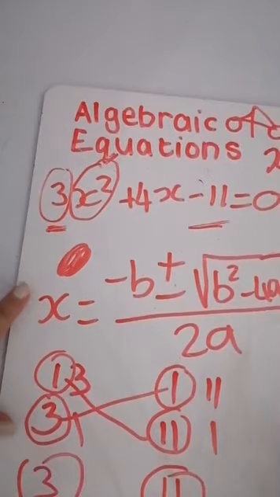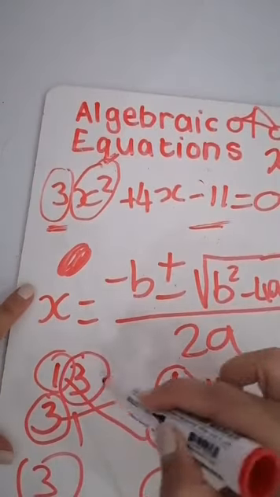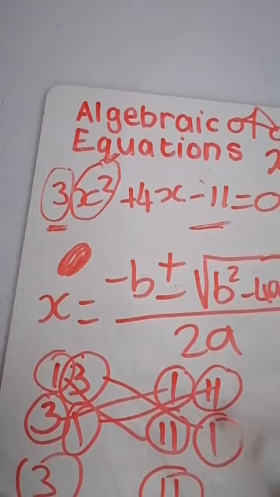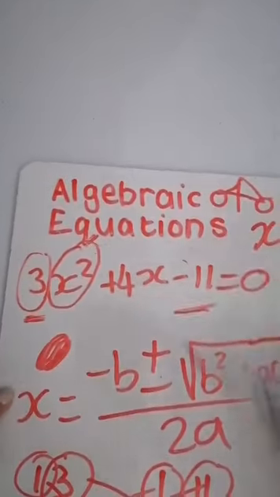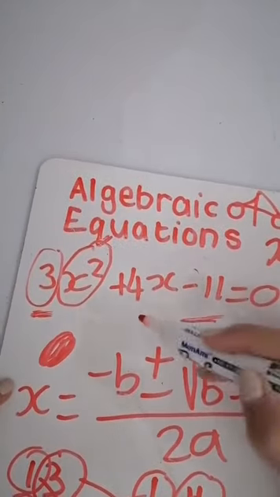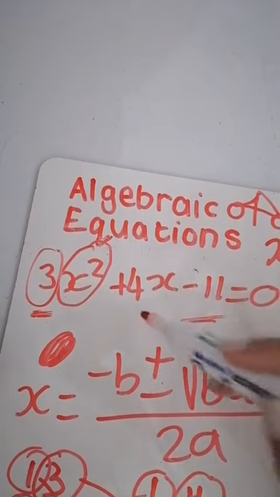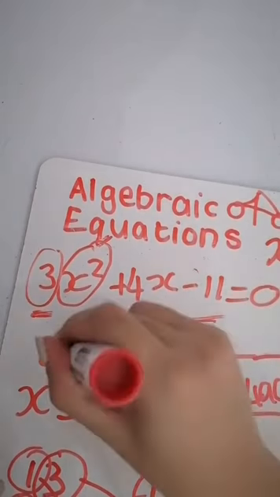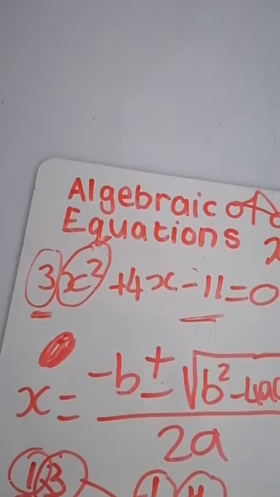Okay? So let's try the other pair. 3 multiplied with 1 gives me 3, and 1 multiplied by 11 gives me 11. So no combination of 3 and 11 will ever give me 4. So we can't use this factorizing with trinomials. And since you can't do that, you move on to doing the formula. Okay.